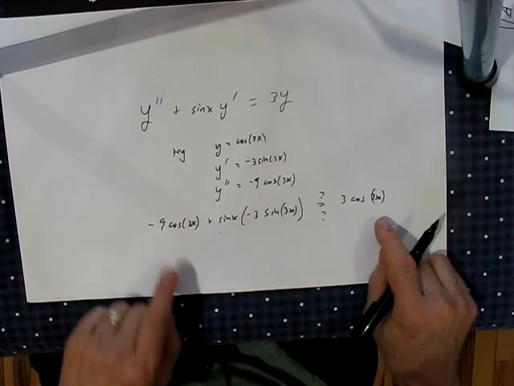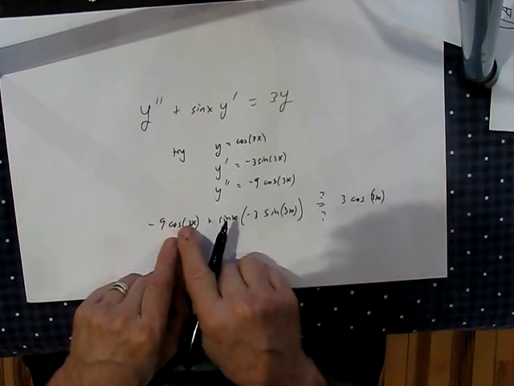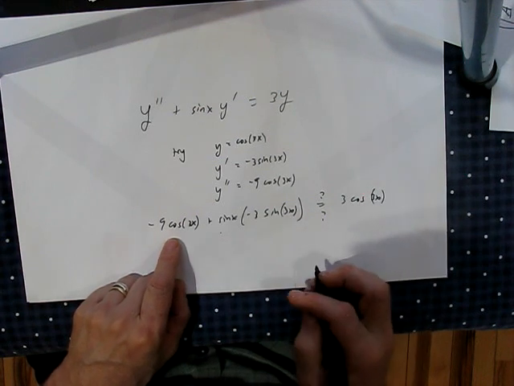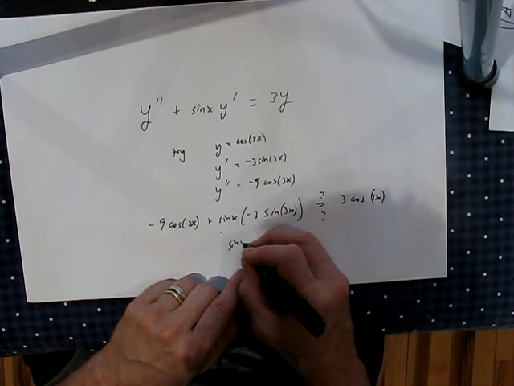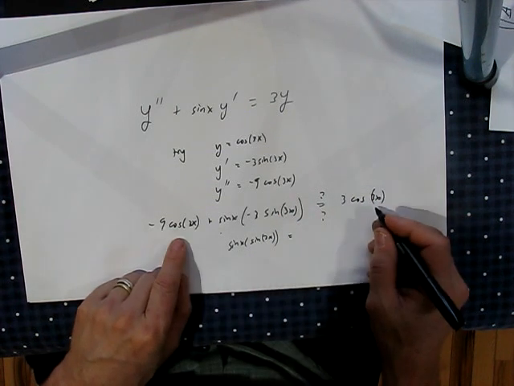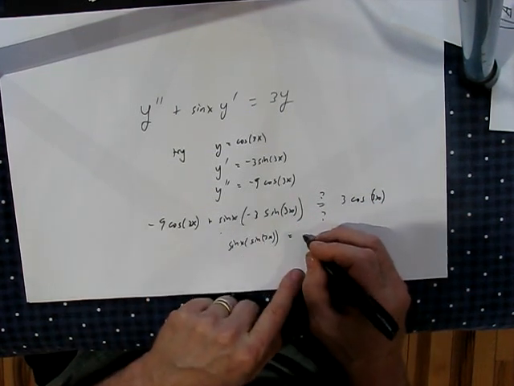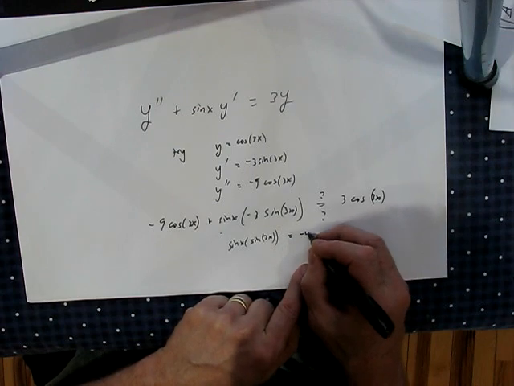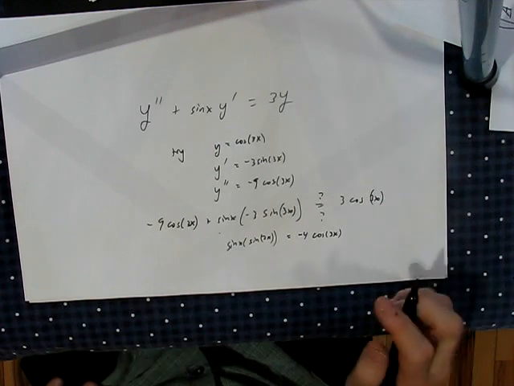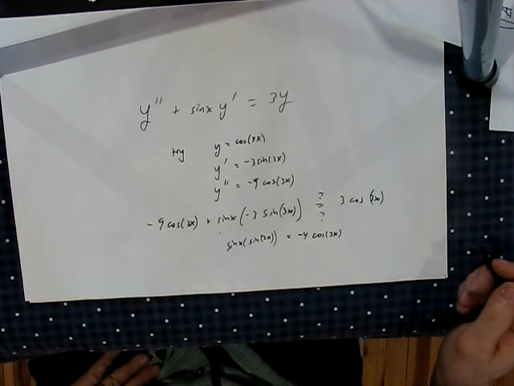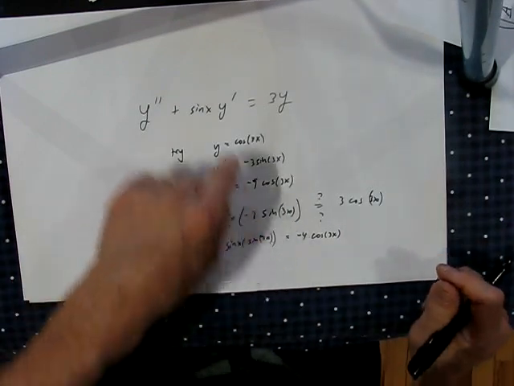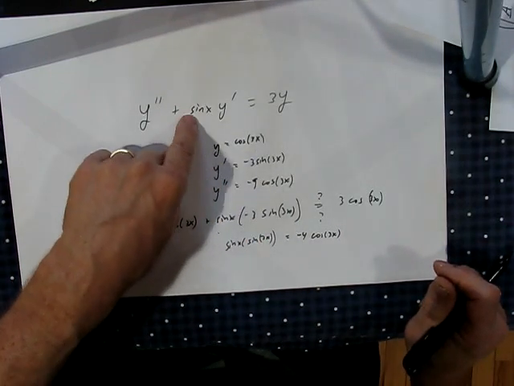I don't think it looks very likely, because if you believed in that equality, you'd put this to the other side, divide by a minus 3, you'd be saying that the sine of x times the sine of 3x would be equal to 12 divided by 3, negative 4 cosine of 3x. I don't know if that's a well-known trig identity. I don't think it is. So it appears to be pretty clear that this doesn't solve that equation.